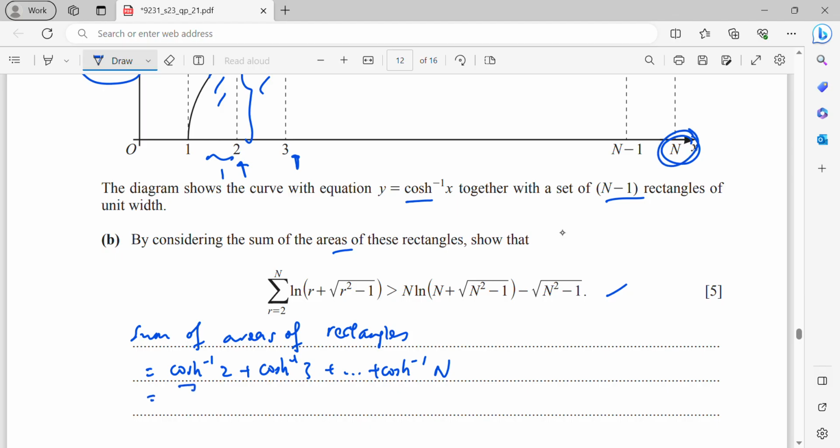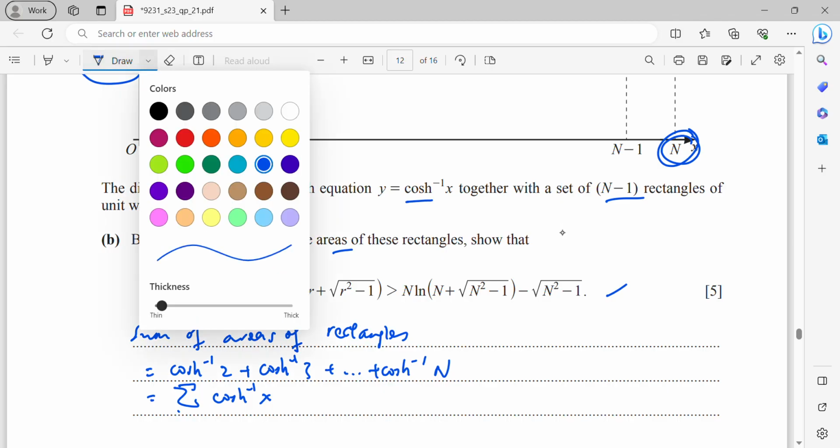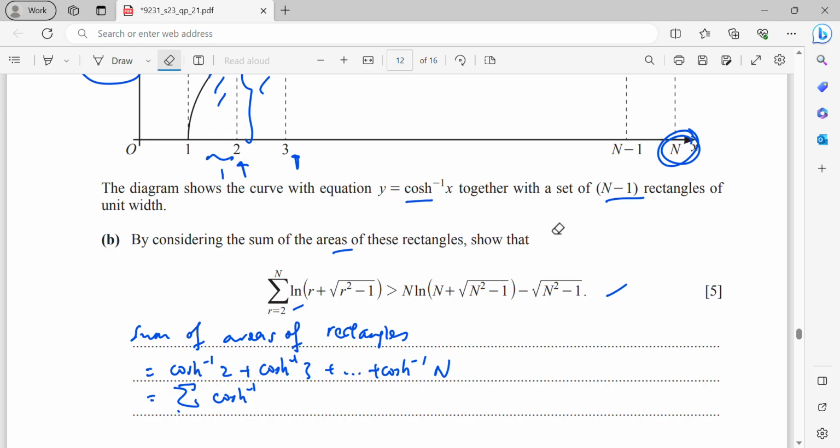Then this is the same as summation of inverse cosh r, I use r instead of x, from 2 until n.